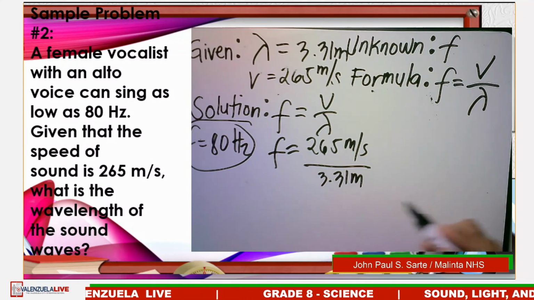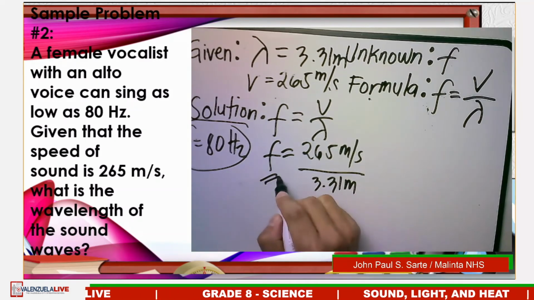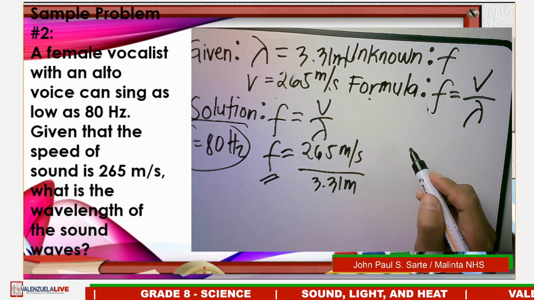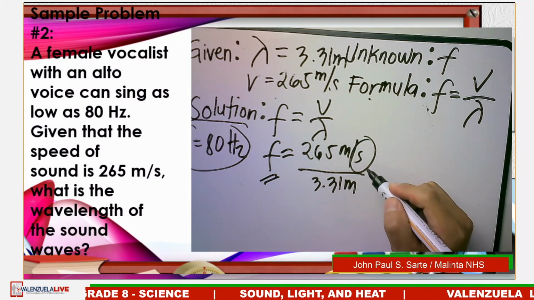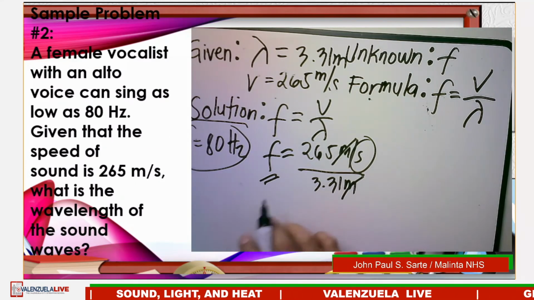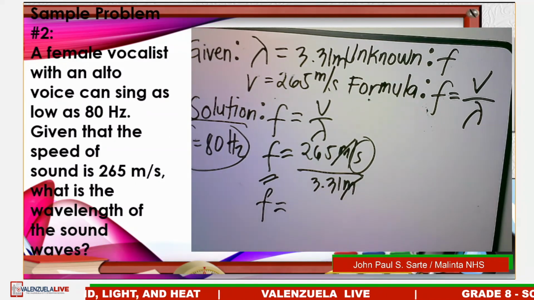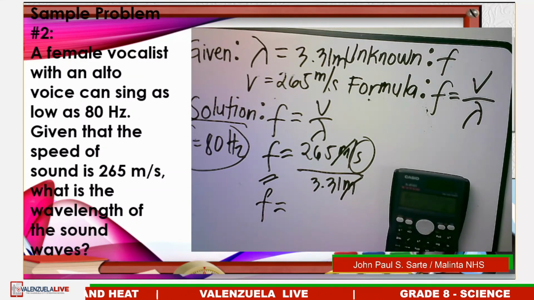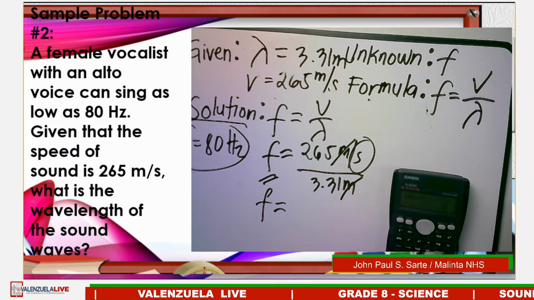Since we are looking for frequency, our unit should be per second. So, we need to cancel the same unit, which is meter. So, we need to divide 265 by 3.31.